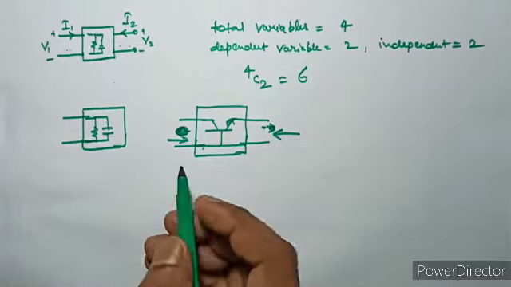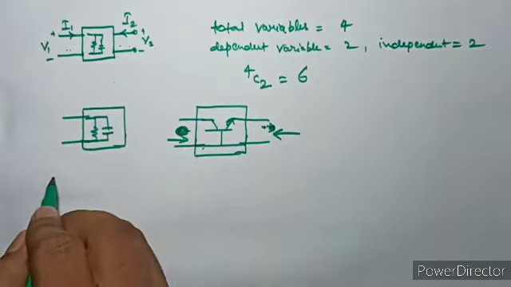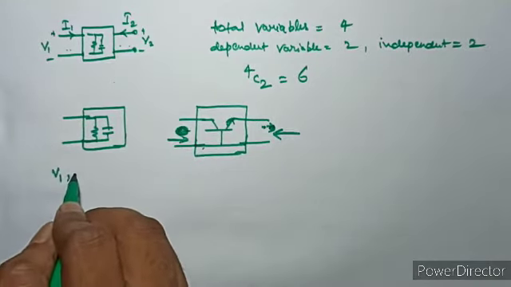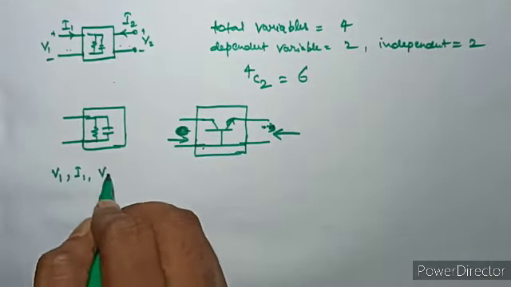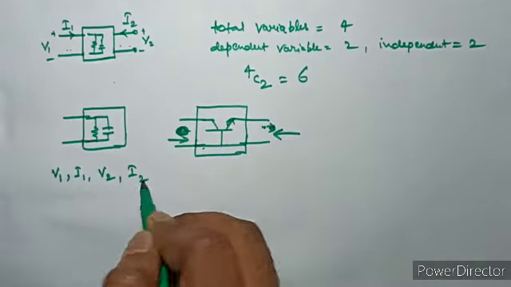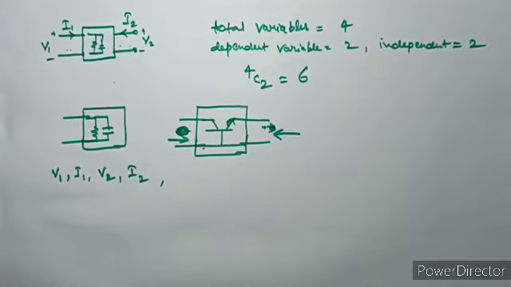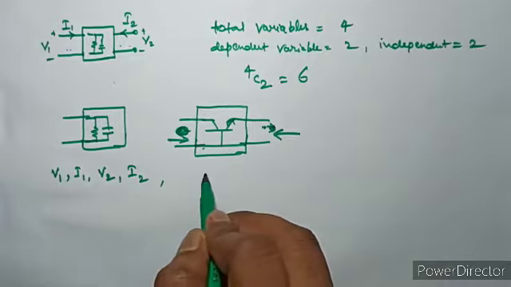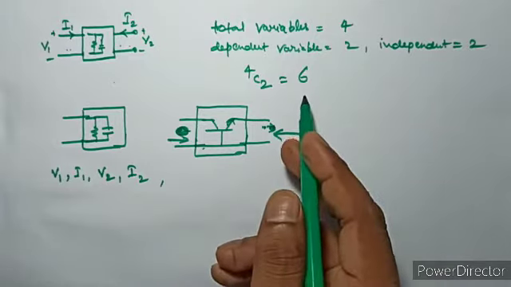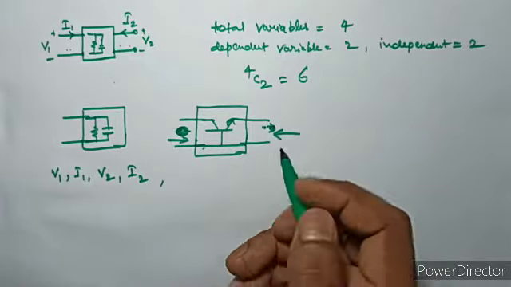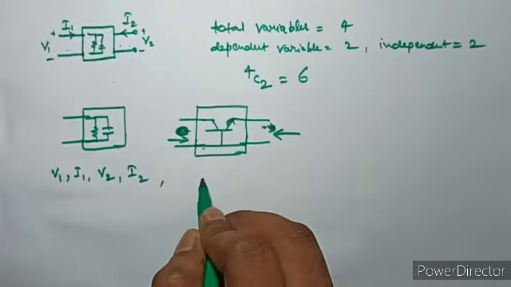Now what are our four variables? Our variables are V1, I1, V2 and I2. Out of these 4 variables, 2 will be independent and 2 will be dependent. And what are our 6 types of parameters? These will be the 6 sets of parameters.